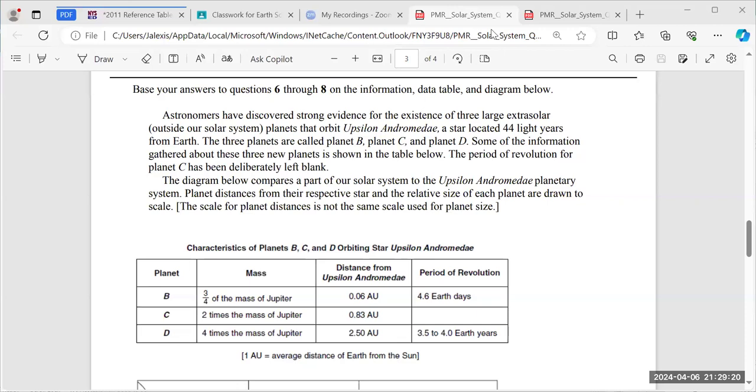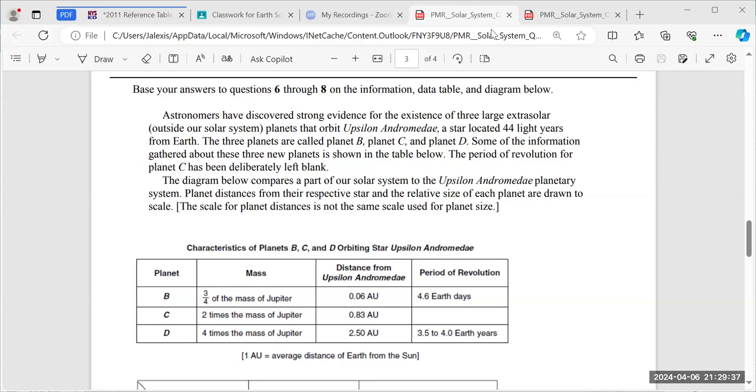All right, number 6. It says base your answers to questions 6 through 8 on the information, data table and diagram below. So they're telling you all this information below is going to help us for numbers 6 through 8.